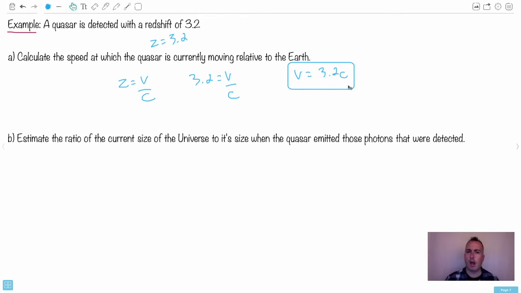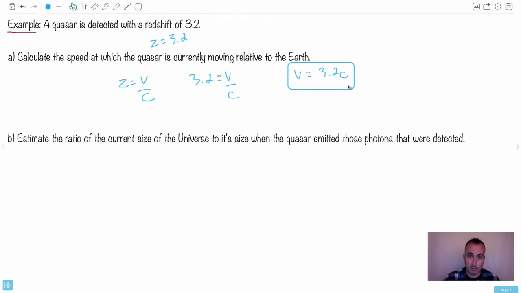And you might think, no, nothing's allowed to go faster than the speed of light. Agreed. No information can travel faster than the speed of light. What this tells you is that right now, currently, that quasar is going so fast, light from that quasar couldn't reach us. Because the speed of light is the limit to how fast things can travel within the universe.